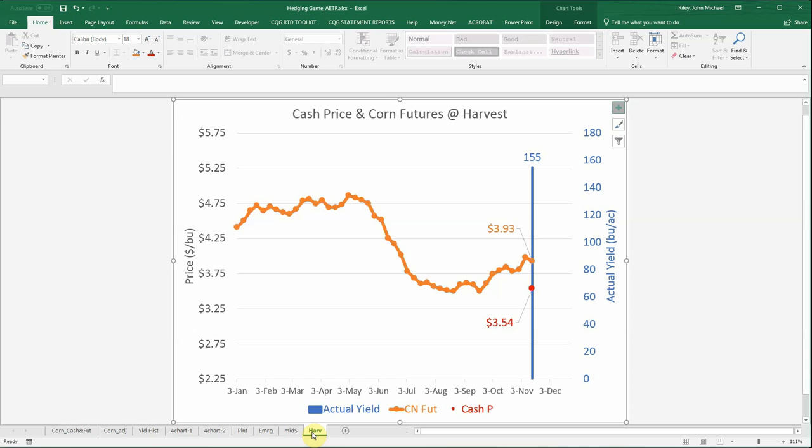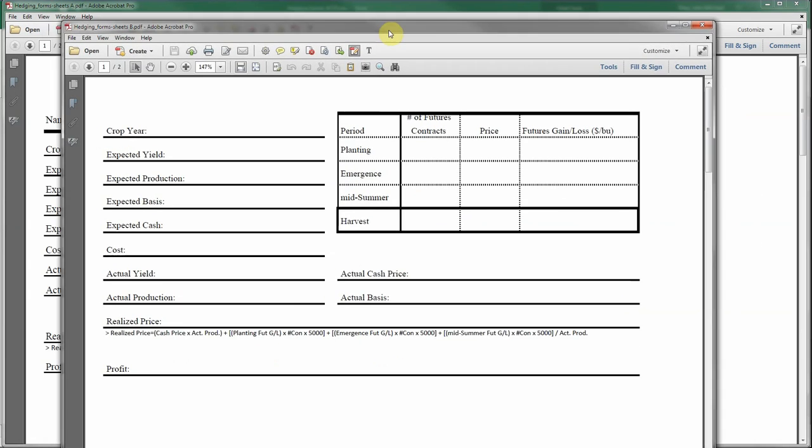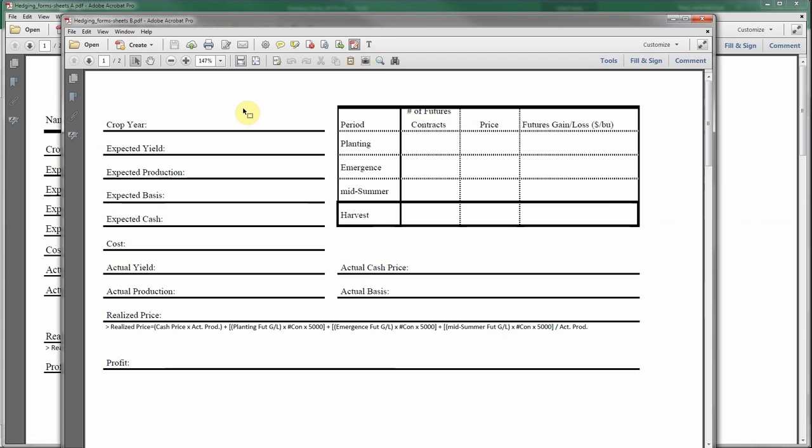So the question is, how do the students provide that information to me? Well, they are given a tabulation sheet that they record information by hand on. There's a blank version that they're given, and after we move through the practice round, they're actually filling out their own decisions.